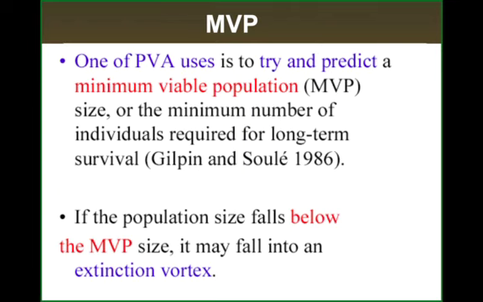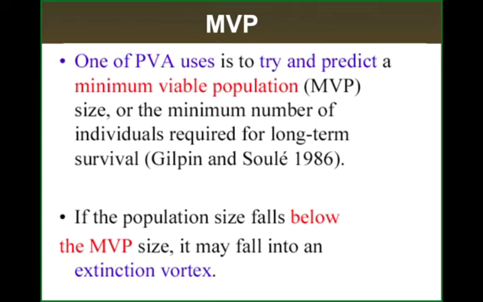So one of the uses of PVAs is to try and predict a minimum viable population size, or MVP, which can be defined as the minimum number of individuals required for long-term survival. We talked about this a little bit several lectures ago.